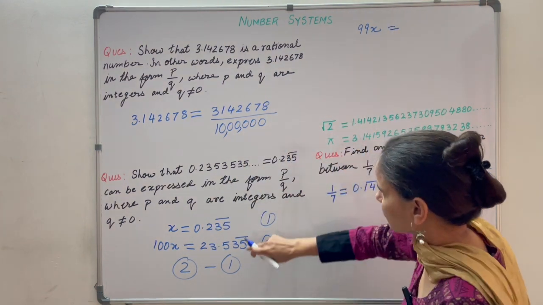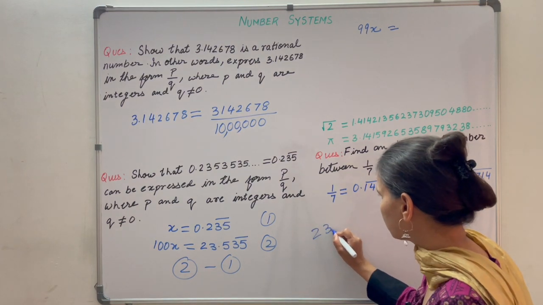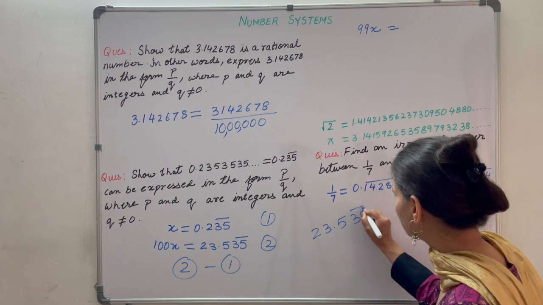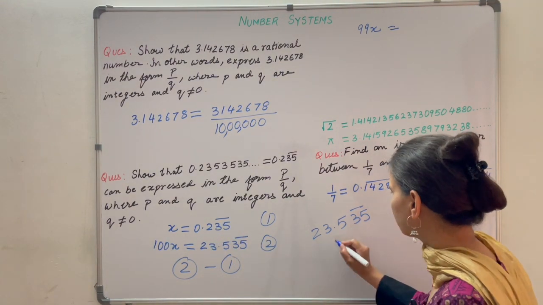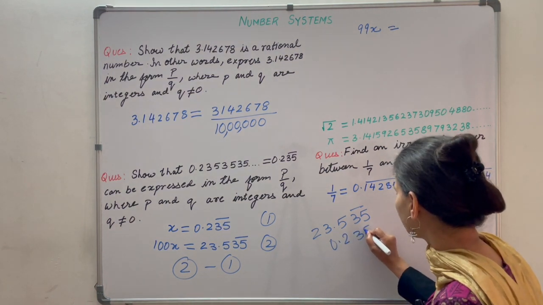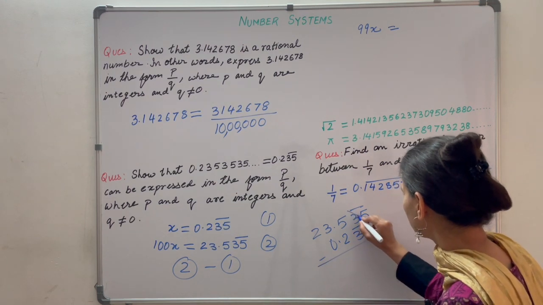Now let us subtract this side. I'll show you how to subtract. From 23.535 bar, you have to subtract 0.235 under the bar. So when you subtract it, the repeating part will cancel out.